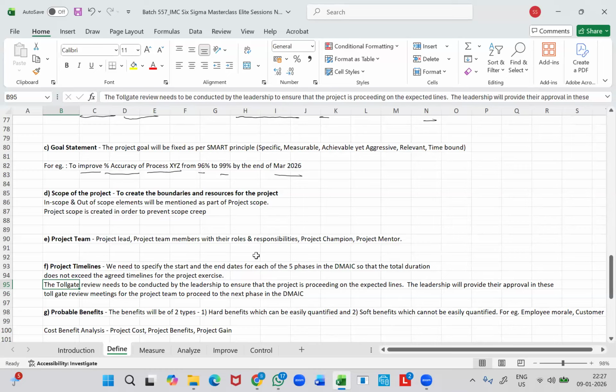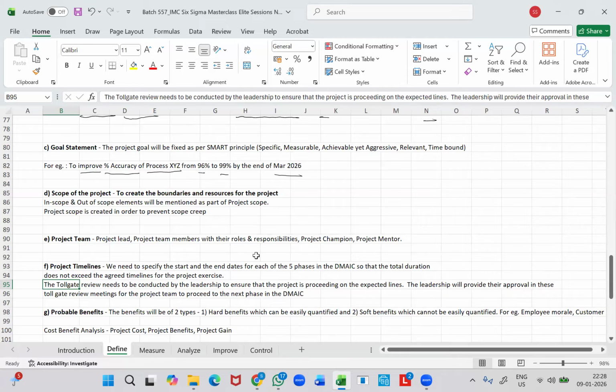Many times I have seen the leadership will be highly motivated at the beginning of the project exercise. They will say that they will give full support to the project team for the successful closure of a Six Sigma project. But over a period of time, the leadership also will become impatient and they will start expecting the results immediately.